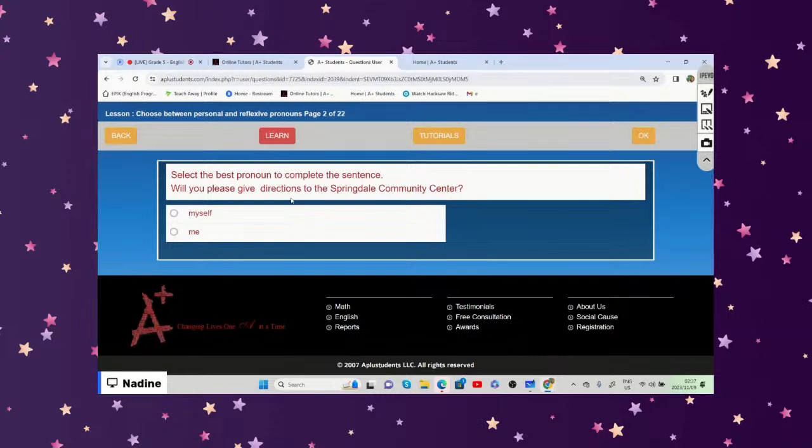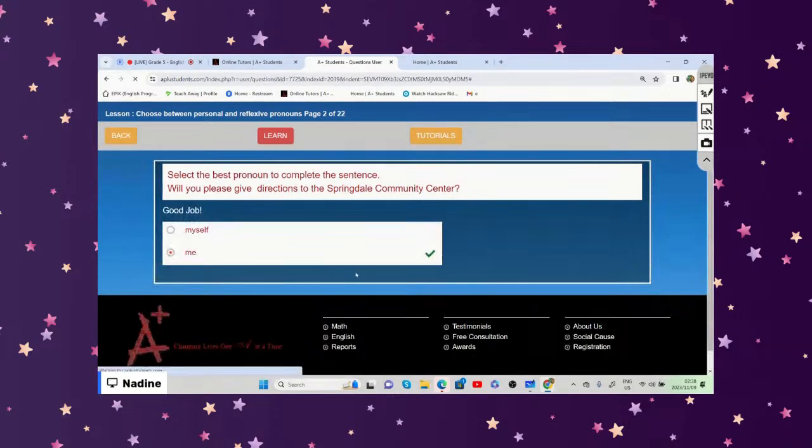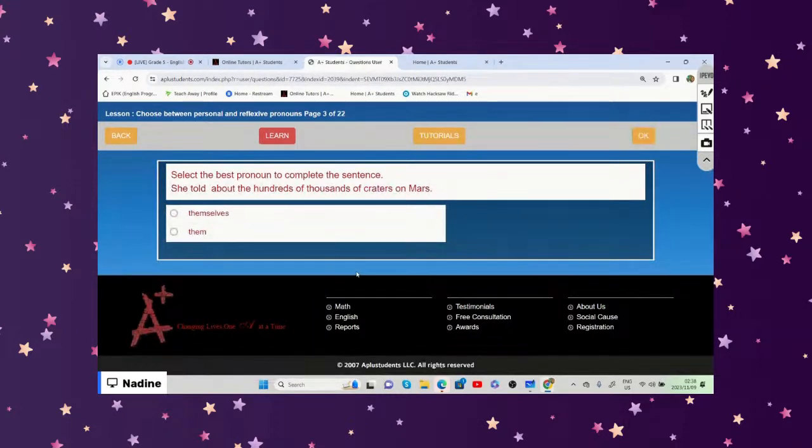Which one sounds more proper? Myself or me? I'm going to read it like that. Yes, so which means that this is now a personal pronoun, not the reflexive pronoun, right? Because if we say, will you give me directions to the Springdale Community Center, then that is correct. So well done. Me is correct.